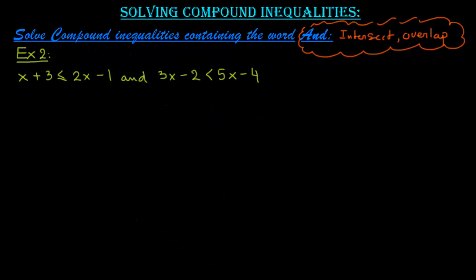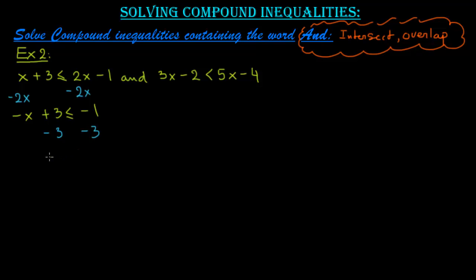Example 2 is x plus 3 less than or equal to 2x minus 1, and 3x minus 2 less than 5x minus 4. What we're going to do is bring the variable to one side. So subtract 2x on both sides. Then you will have negative x plus 3 less than or equal to negative 1. Keep going, isolate the x, so minus 3 on both sides.